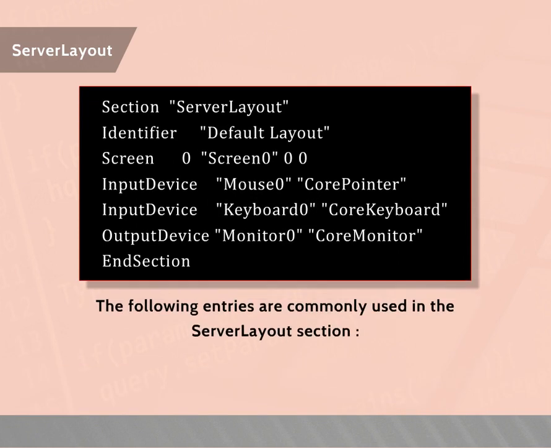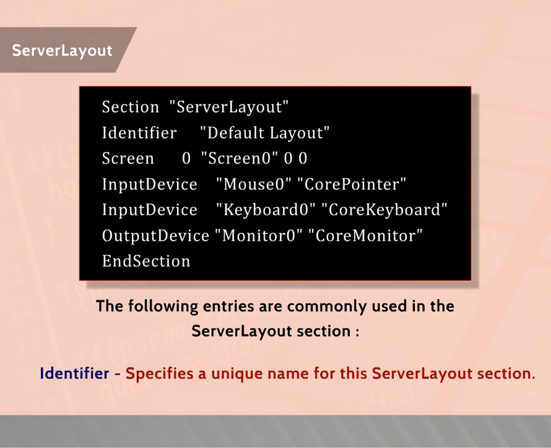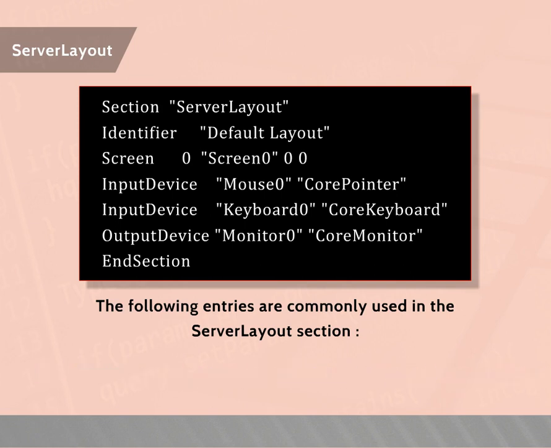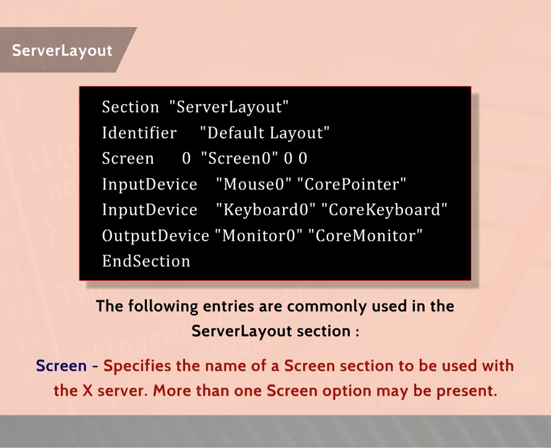The following entries are commonly used in the server layout section. Identifier specifies a unique name for this server layout section. Screen specifies the name of a screen section to be used with the X server. More than one Screen option may be present.